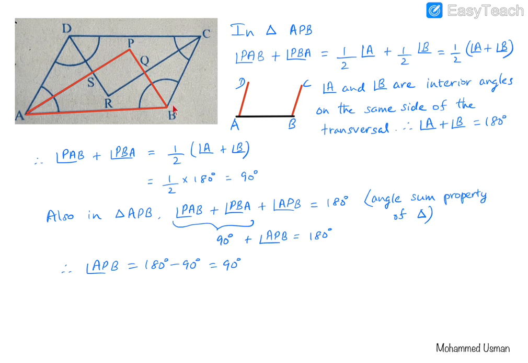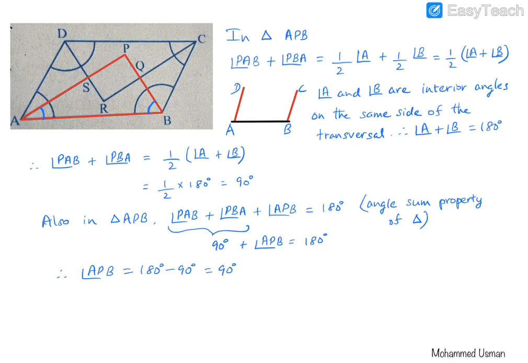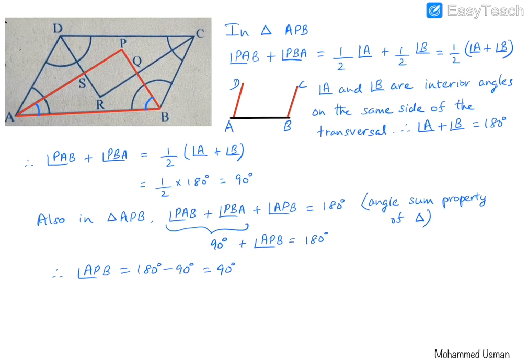So in triangle APB, the angle PAB plus PBA, which is this angle over here, is half of angle A, because AP is a bisector of angle A, and PBA is going to be half of angle B because BP is a bisector of angle B.